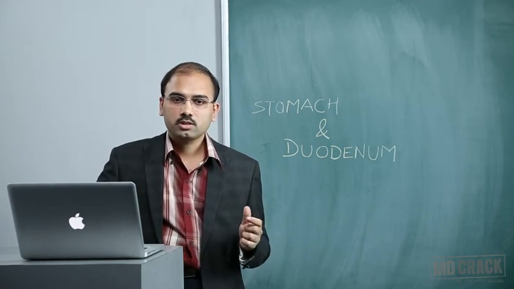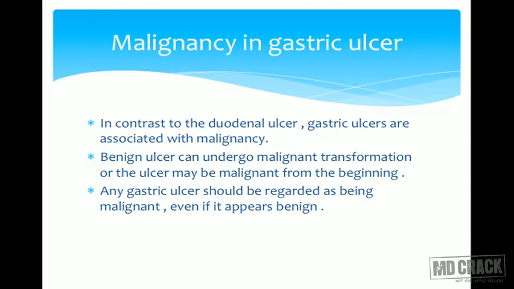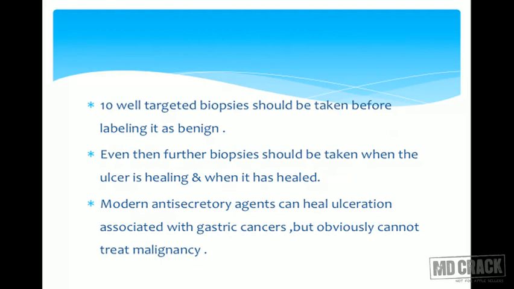Any gastric ulcer should be regarded as malignant even if it appears benign. Ten well targeted biopsies should be taken before labeling it as benign, and further biopsies should be taken when the ulcer is healing and when it has healed. Modern anti-secretory agents can heal gastric ulcers, but obviously cannot treat the malignancy.